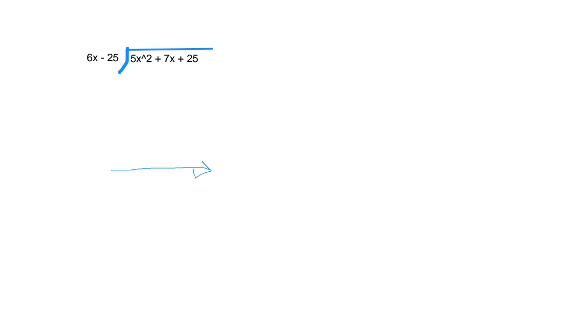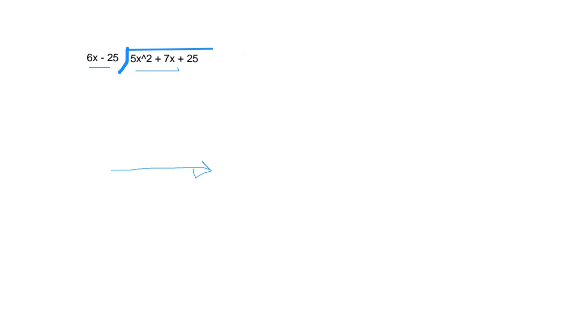Because this is a binomial, we take two terms inside: 5x squared plus 7x. So we want to multiply something and put it on the top. Multiply 6x to get 5x squared.